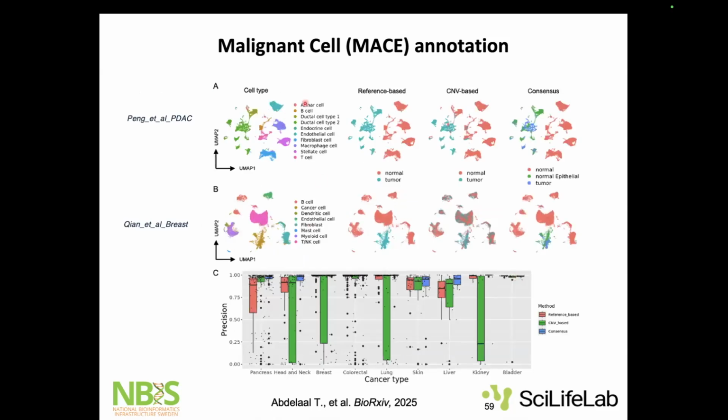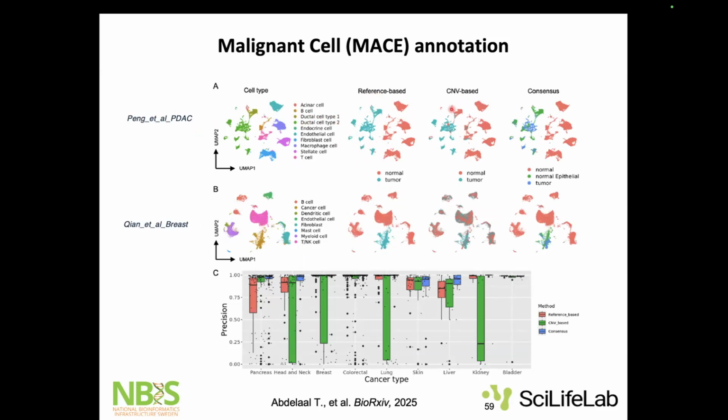And here they also had this example for pancreatic cells. When they use the reference-based method, they get these normal and tumor cells that in the original data are labeled as ductal cell type 1 and ductal cell type 2. The reference-based method just groups all of them as tumor.